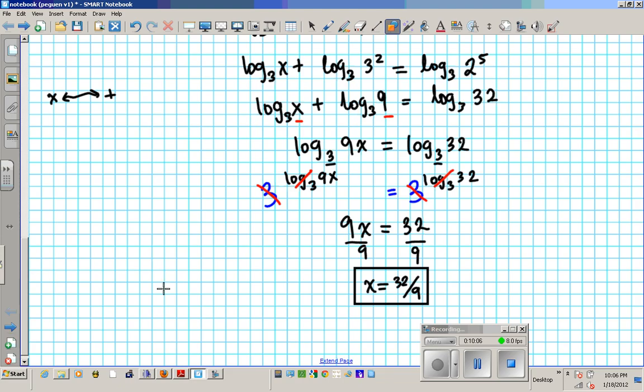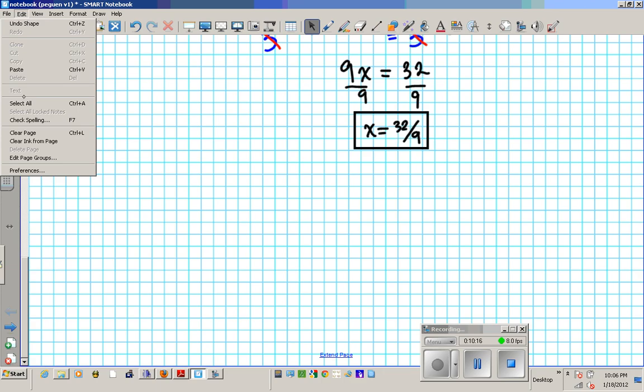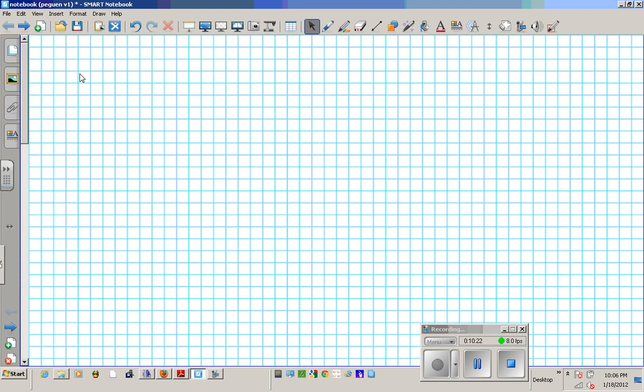Alright, let's try one more example. Not too intense, slightly more intense. Let me clear the page because I think I'm going to be running out of room here. Number 4.